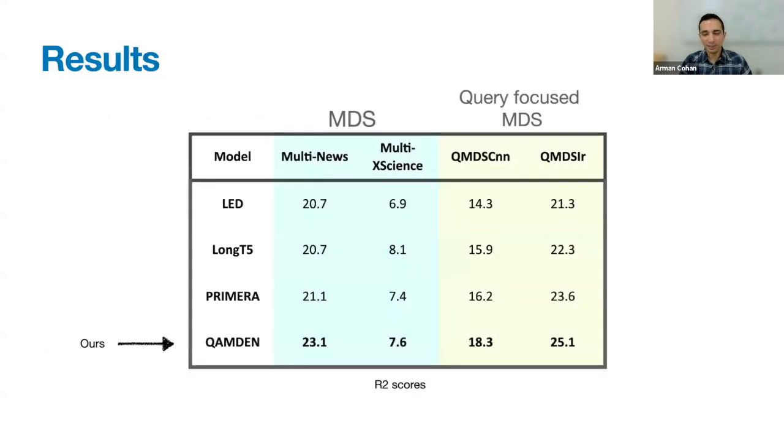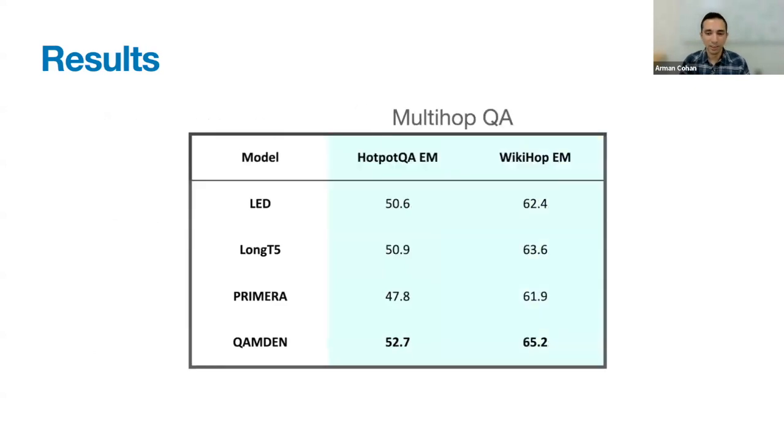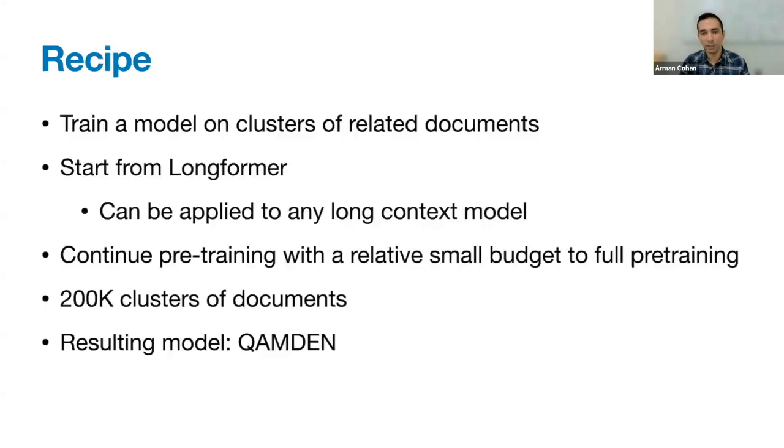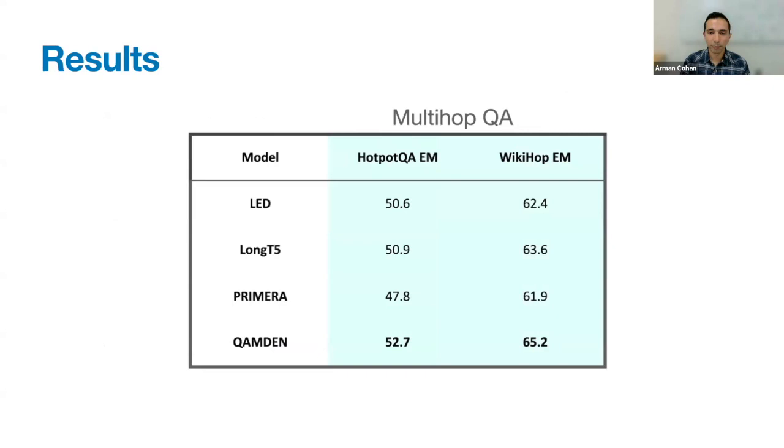And we saw that this type of pre-training objective actually helps us in different types of tasks, including multi-document summarization and query-focused summarization. In addition, we found it to also help with QA tasks like multi-hop question answering.